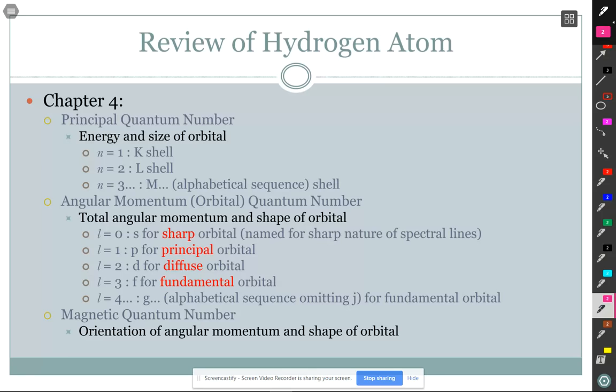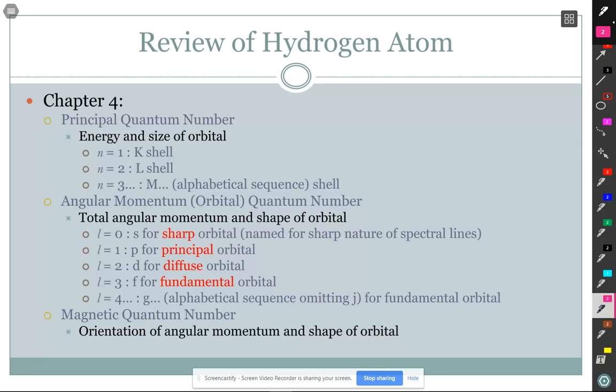L equals 1 is P, for principal; I don't know what principal stands for. 2 is D, for diffuse, because you had more spread out spectral lines when you had things in D. F is for fundamental; once again, I don't know. It seems to me principal and fundamental should be similar. After that, they don't stand for anything. It's just alphabetical order, and it's J that's omitted.